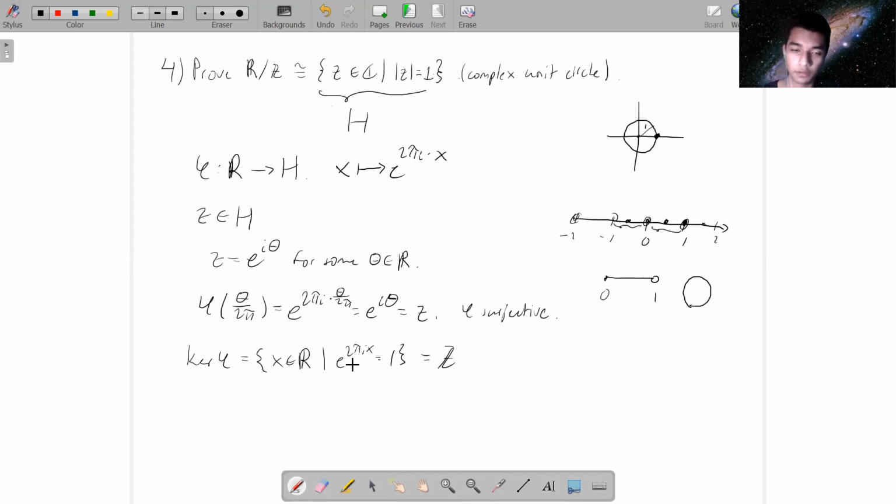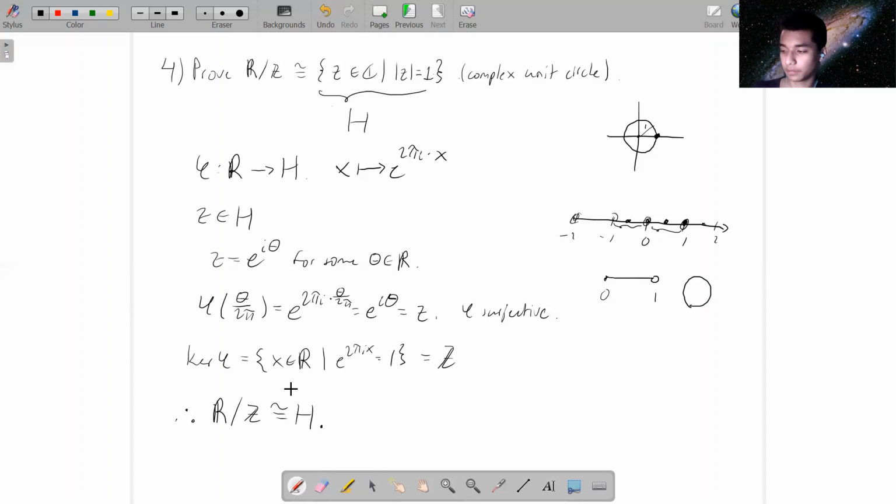We already have this 2 pi taken care of here, so any integer x will do the deal, and in fact, only the integers will make this expression equal to 1. So that's the kernel. Hence, by the first isomorphism theorem, we can conclude that the real numbers modded out by this kernel, which is the integers, is isomorphic to H.